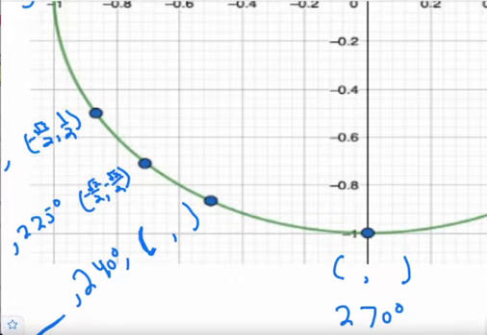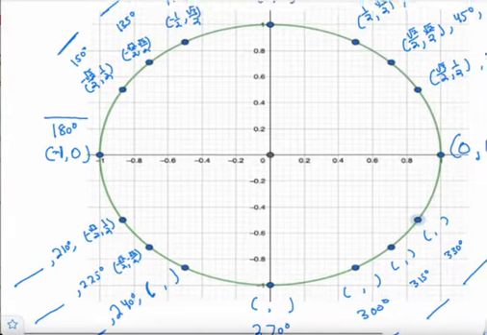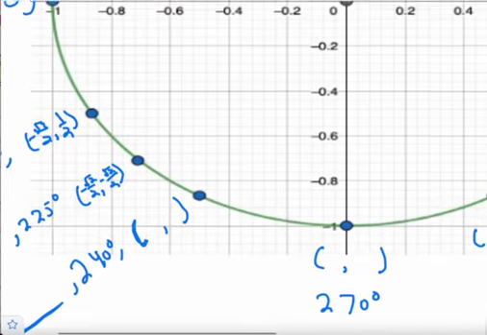Okay. Now 240 is 60 degrees away from the x-axis. So I'm going to have minus 1/2, minus square root of 3 over 2 from here.